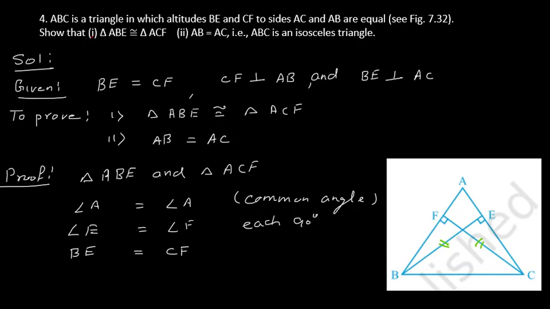BE is equal to CF, this is given. This is given in the problem. Therefore, triangle ABE is congruent to triangle ACF. Criteria is angle, angle, side.